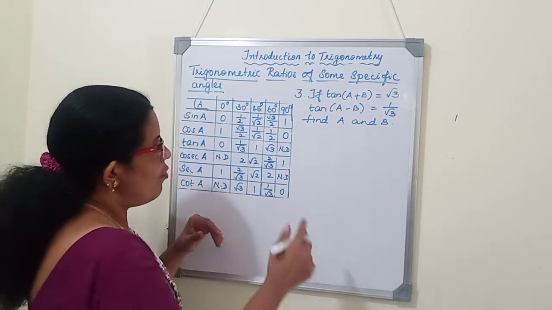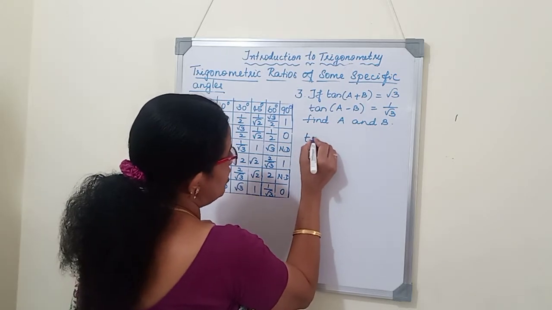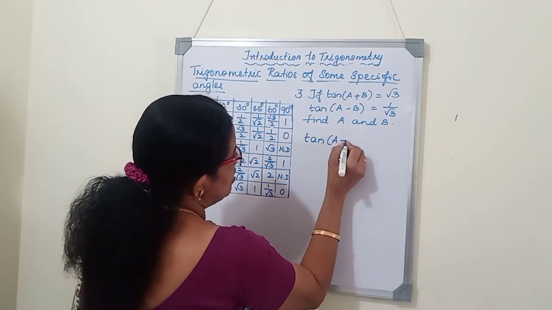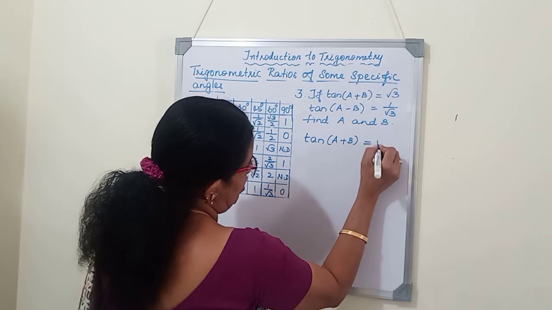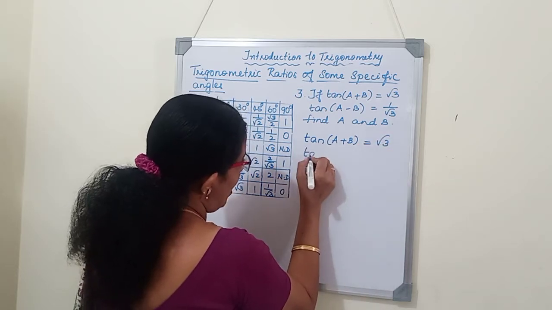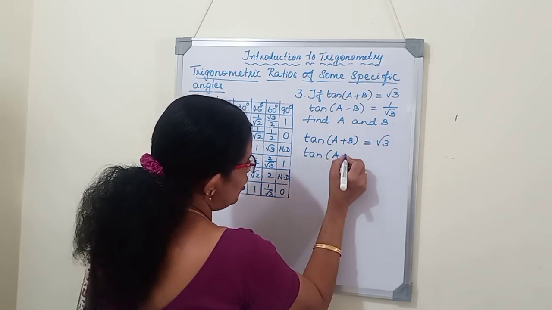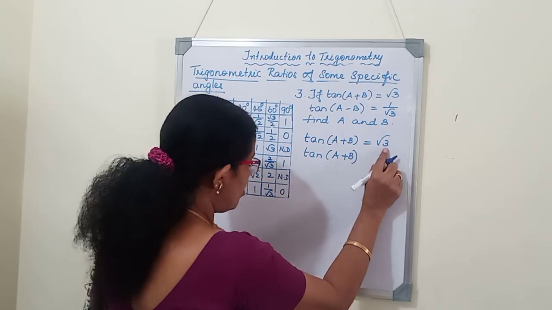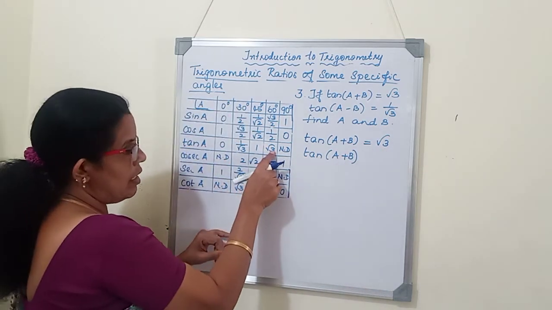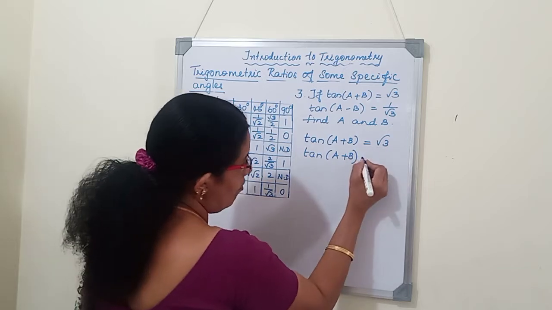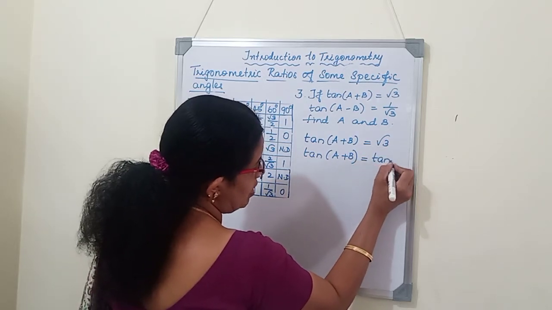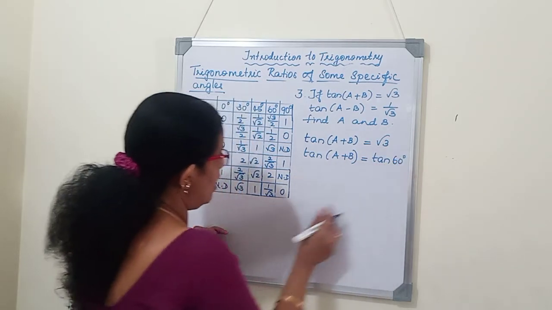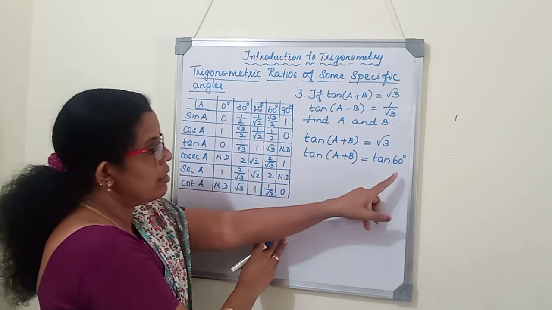So here what we will do is, first we will write the first equation, tan (a plus b) is equal to root 3. Next we will see which tan value is root 3. Tan 60 is root 3. So instead of root 3 we will write tan 60. Not simply 60, you have to write tan 60 degree, because tan 60 degree is root 3.